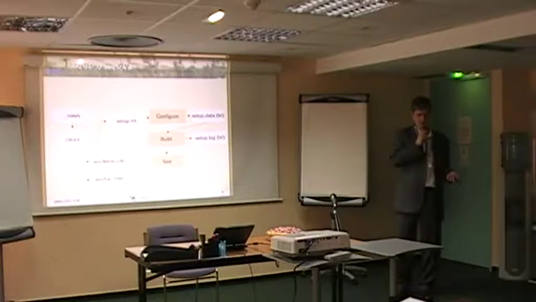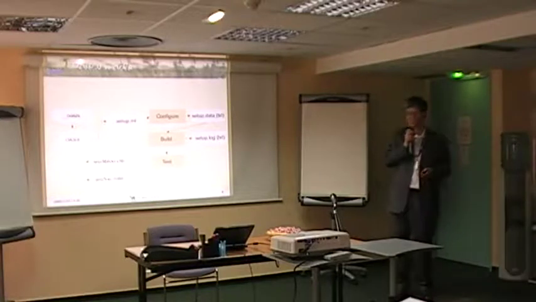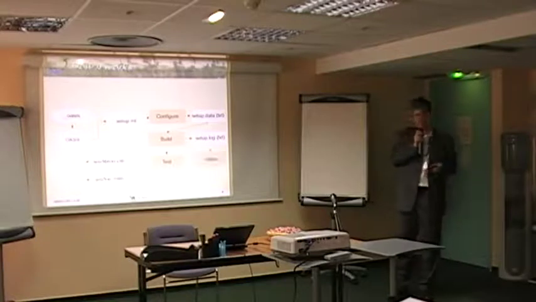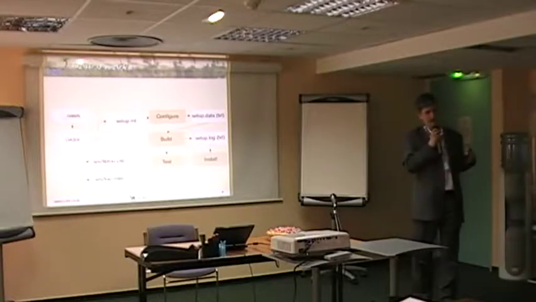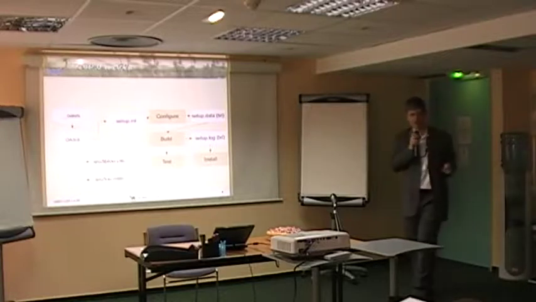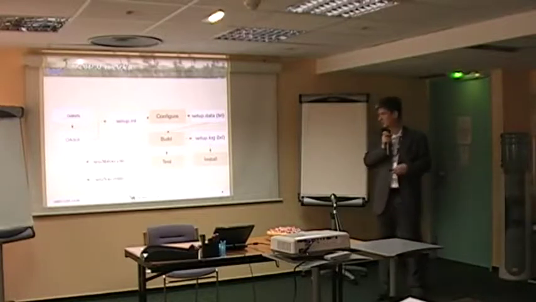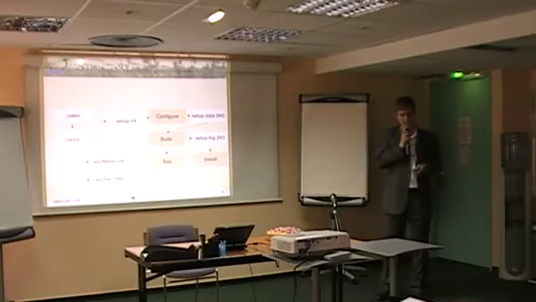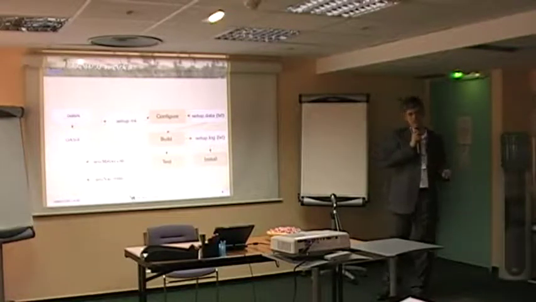We can optionally run test and doc and other targets that I won't describe here. Using the setup.log, we know what has been built and where it has been built. So we just have to install what has been built. So it's quite effective, and it helps to detect if we have compiled, for example, .cmxa or not.